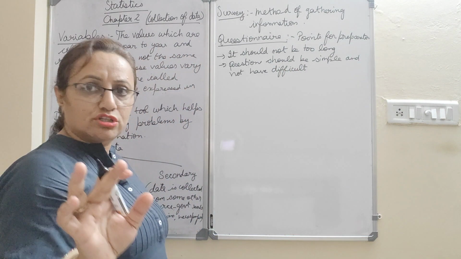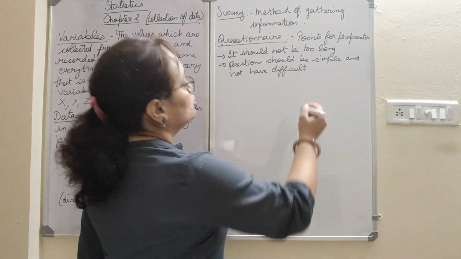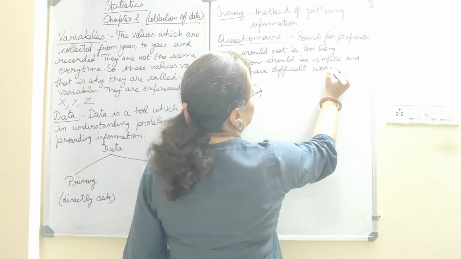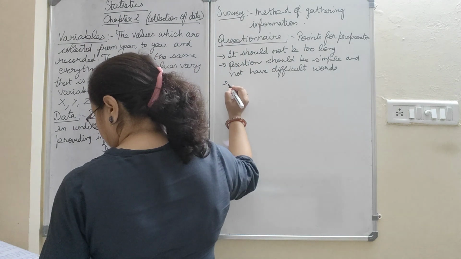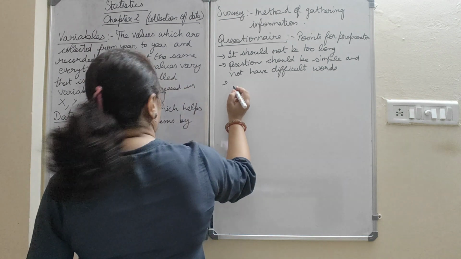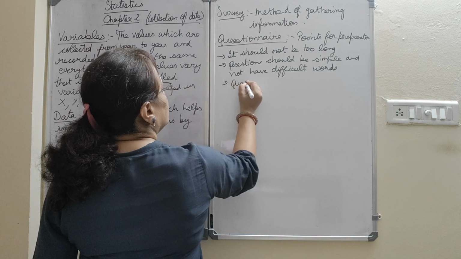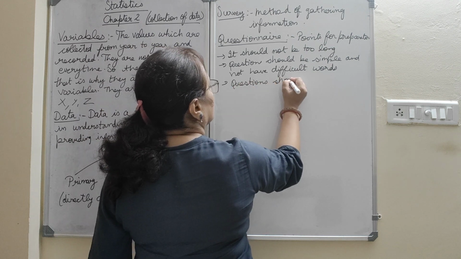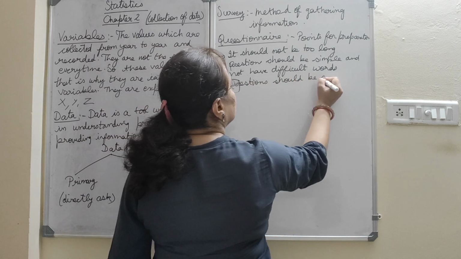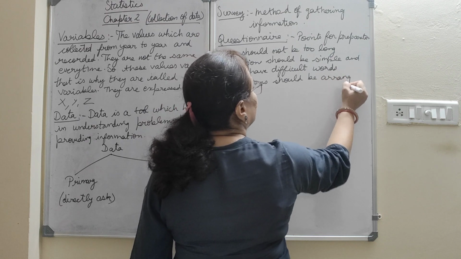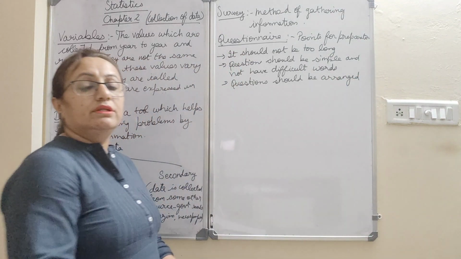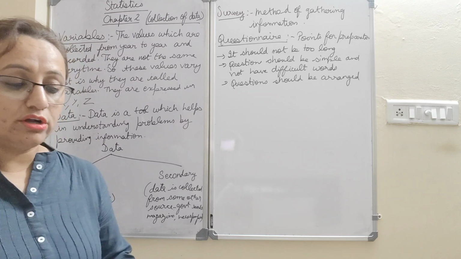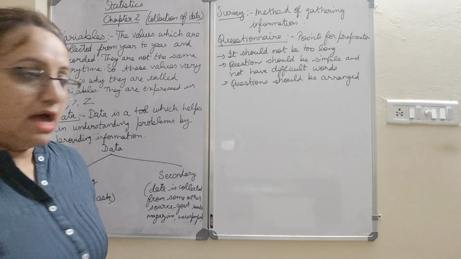You are not making a questionnaire to show your learning, right? Now next is questions should be arranged. They should be arranged in such a way that the other person feels comfortable in answering them. It should not happen that the other person is getting confused or not able to answer.